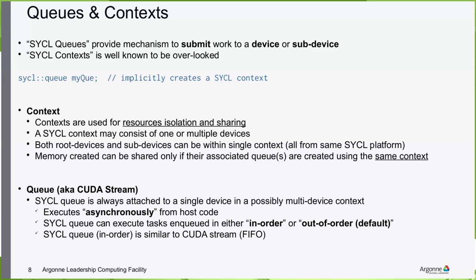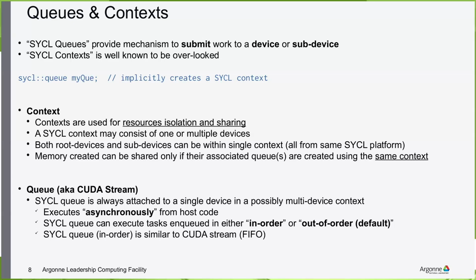I'm talking here about a device or a sub-device. You can partition a given device, if it allows, into sub-devices, similar to NVIDIA's MIG mode, where you can partition a given GPU into several components. Similarly, you can do this programmatically in SYCL.